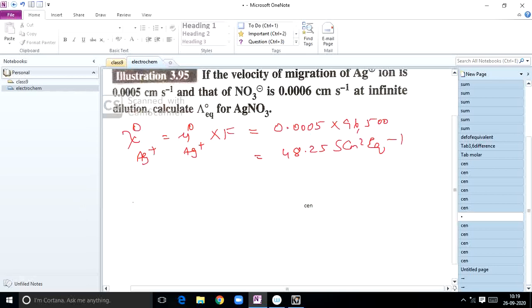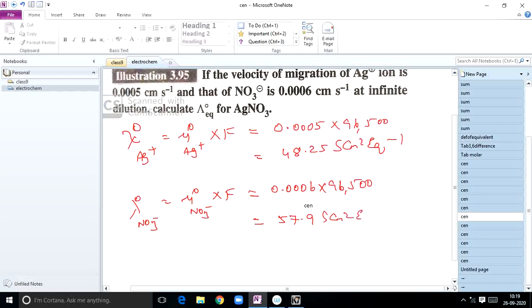Now in the same manner, lambda naught of NO3 minus is equal to mu naught of NO3 minus into Faraday. So mu naught how much? 0.0006 into 96,500. So how much you will get? 57.9 Siemens centimeter square equivalent inverse.